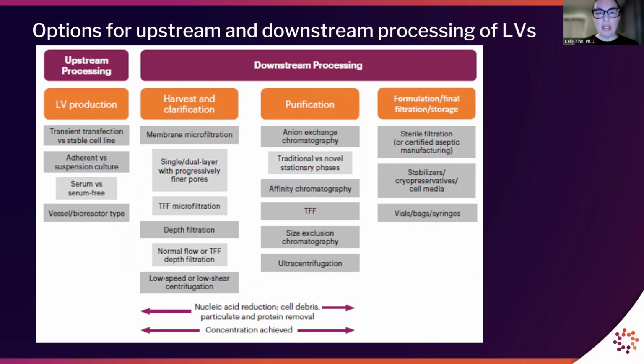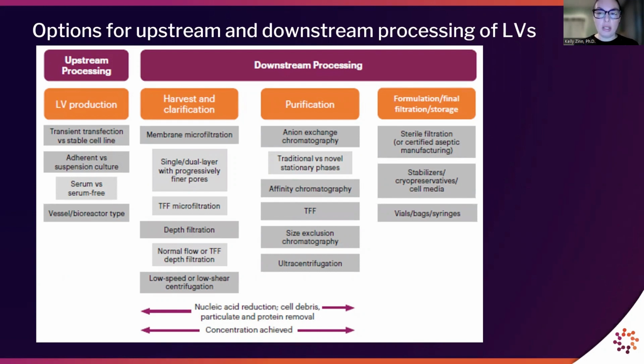Nucleases may be added during the clarification stage or during the early purification stage to reduce residual DNA that is contributed from either the host cell genomes or the plasmids. The goal of the purification step in downstream processing is to remove even more proteins, nucleic acids, and low molecular weight impurities.